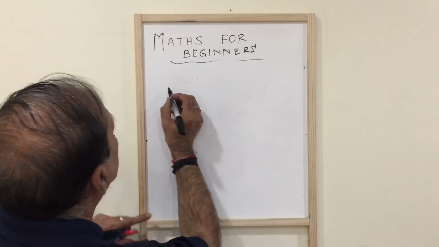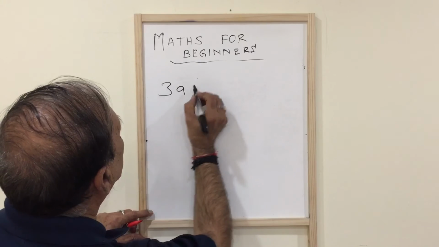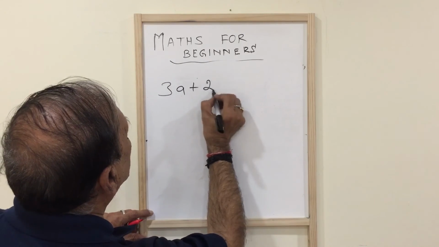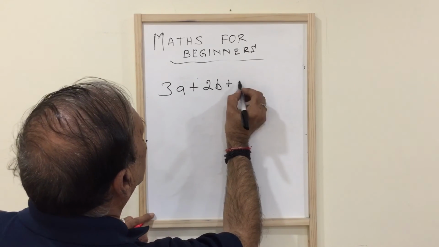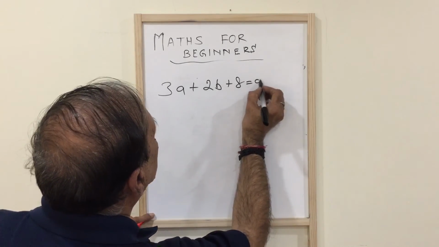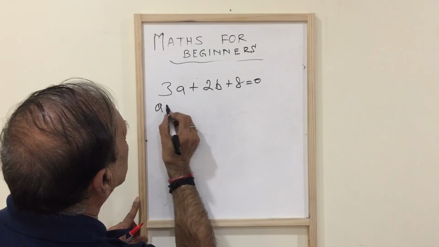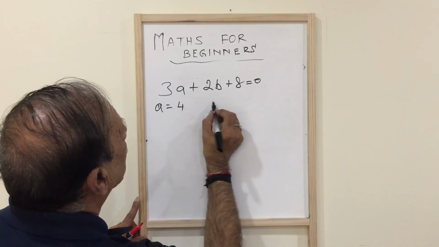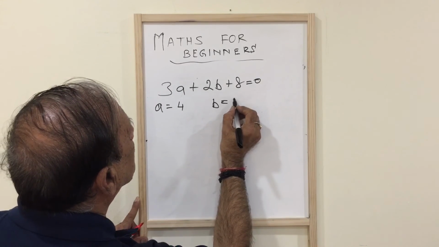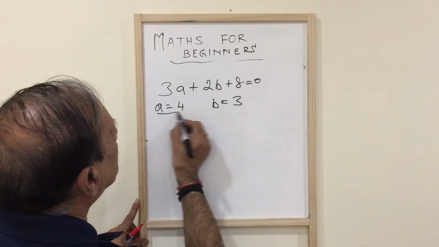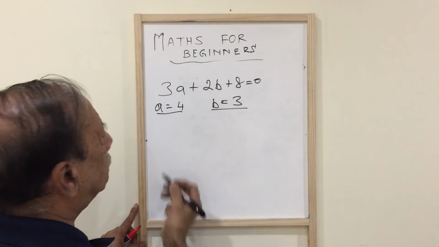Last, I'll take one more example. Suppose 3a plus 2b plus 8 is equal to 0, where the value of a is given as 4 and b is given as 3. So you have to substitute the value of a and b in this equation.